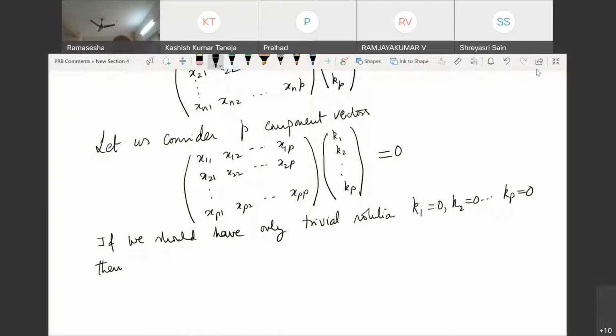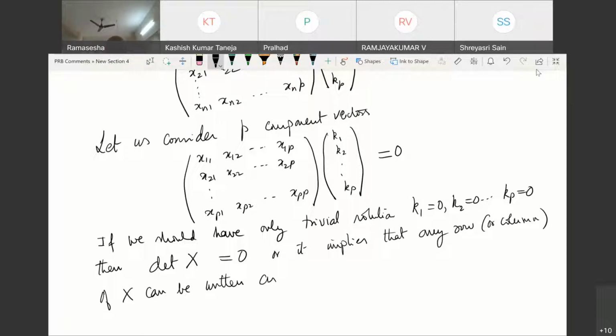Then the determinant of x is equal to 0, or that any row or column of x can be written as a linear combination of the remaining rows and columns.